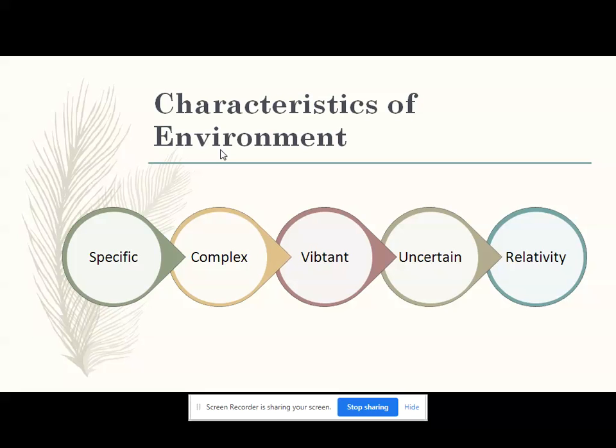Now, the last characteristic is relativity. It explains the reasons for differences in demand in different countries. The product demand of a particular industry, organization, product or service may vary depending upon the country, region, culture, and so many factors. For example, saris are the traditional dress of women in India, so they are always in demand.